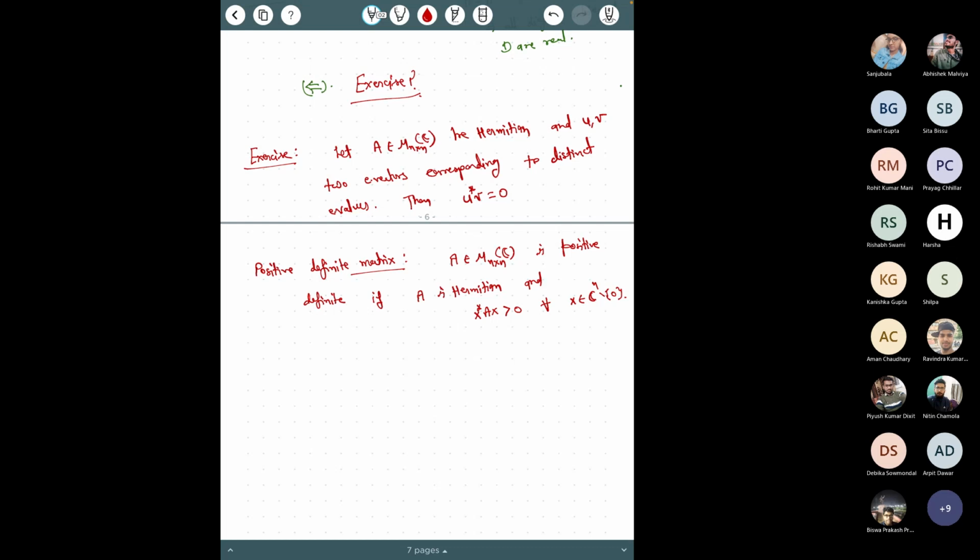Similarly, we can define a positive semi-definite matrix. So what is a positive semi-definite matrix? The matrix A is positive semi-definite if A is Hermitian, and x star Ax is greater than or equal to 0 for all vectors x in Cn.